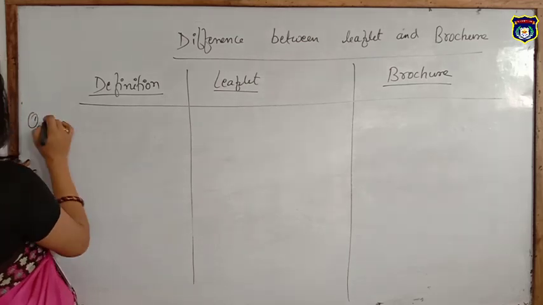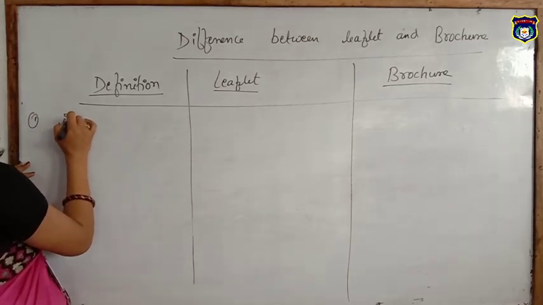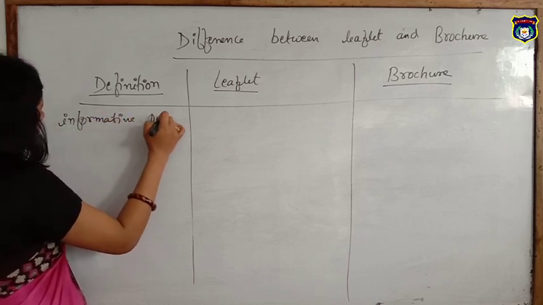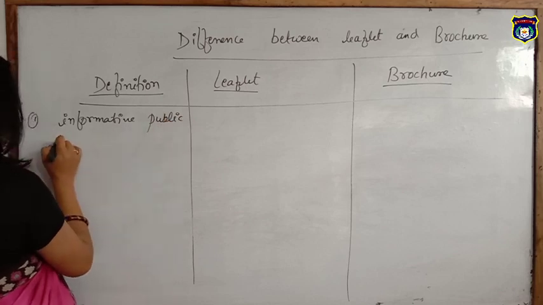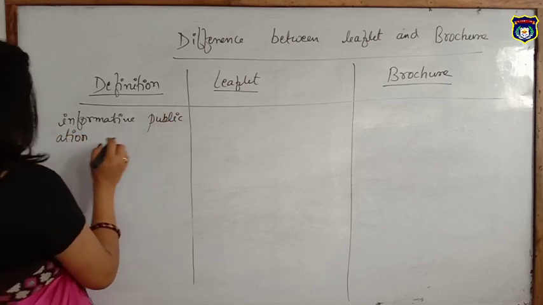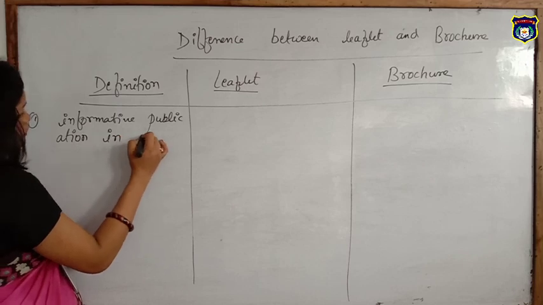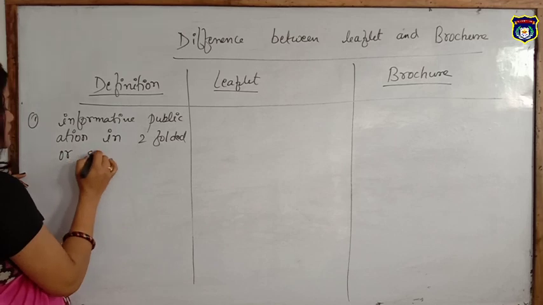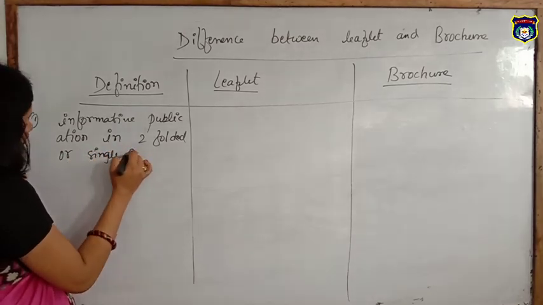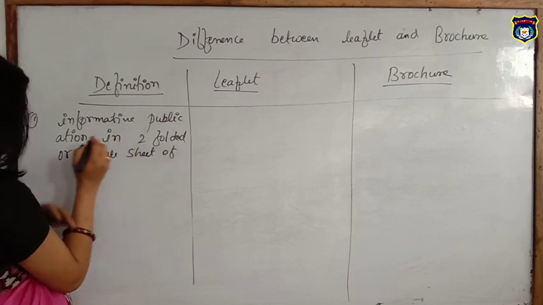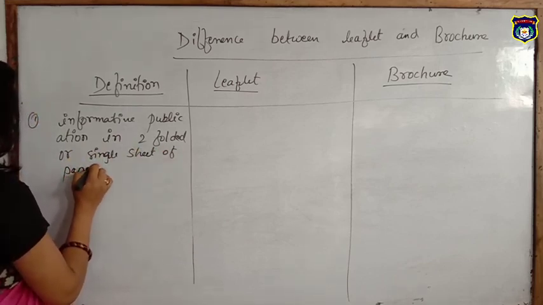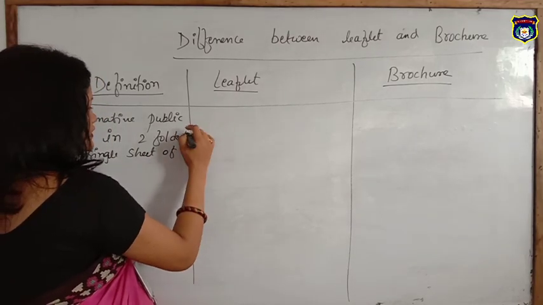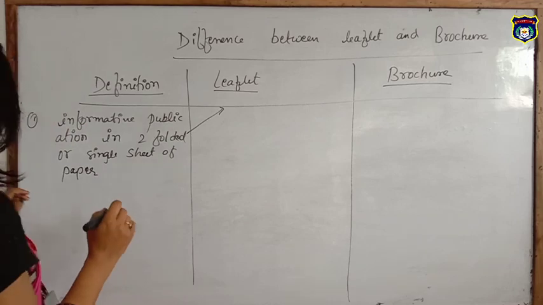Definition. A leaflet: informative publication in two-folded or single sheet of paper. This is the definition of a leaflet.